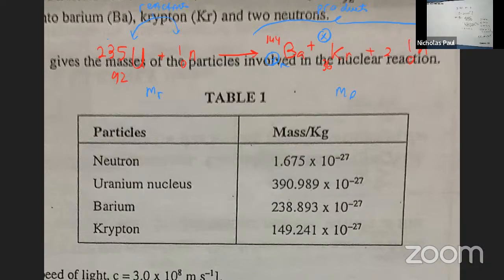Finish already? What you should have here is that delta M is equal to E over C squared.